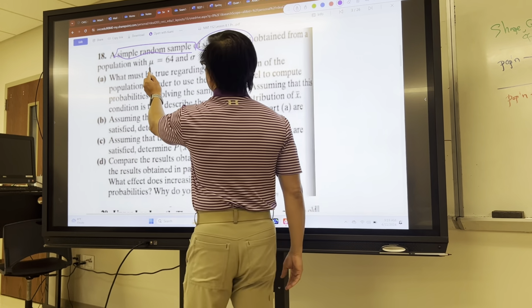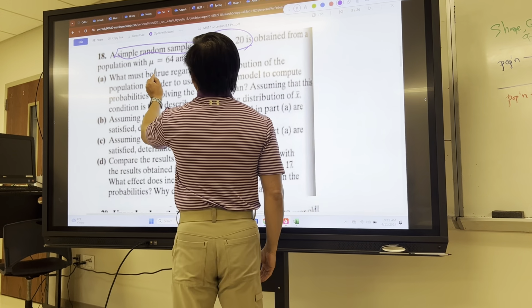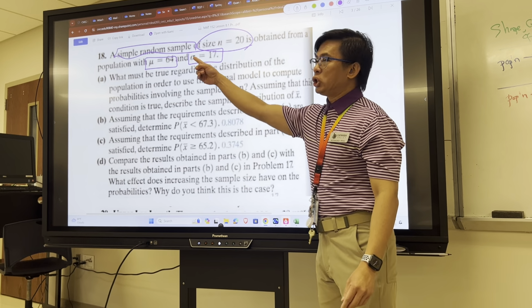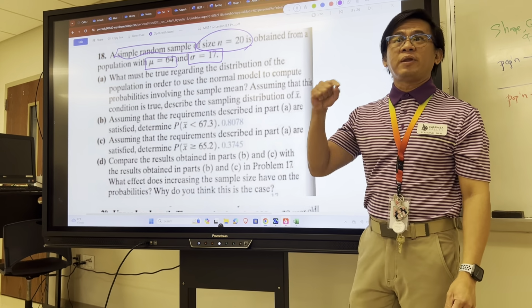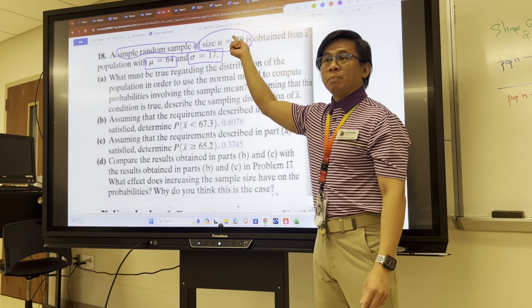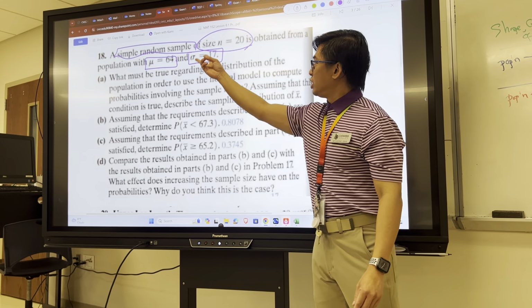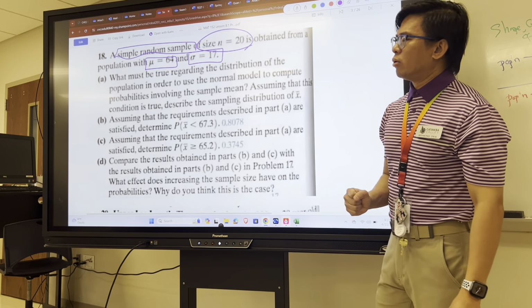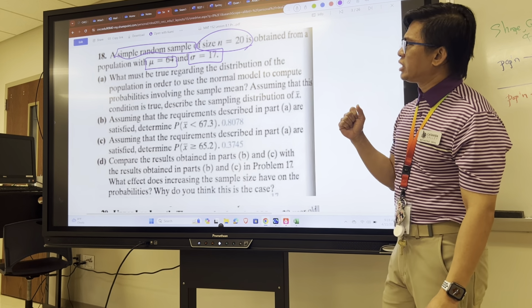Now, it also says in here that the population already has a given mean and standard deviation. Again, these two are the mean and standard deviation of the population, not of the 20. Okay, so this is for the population, not on those 20 yet. Now, what can we say about this one?